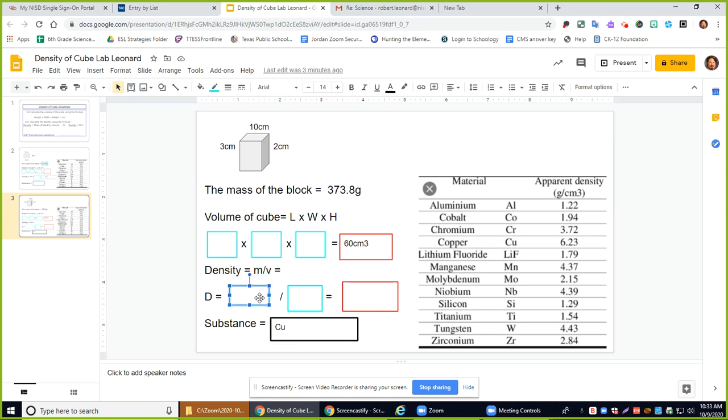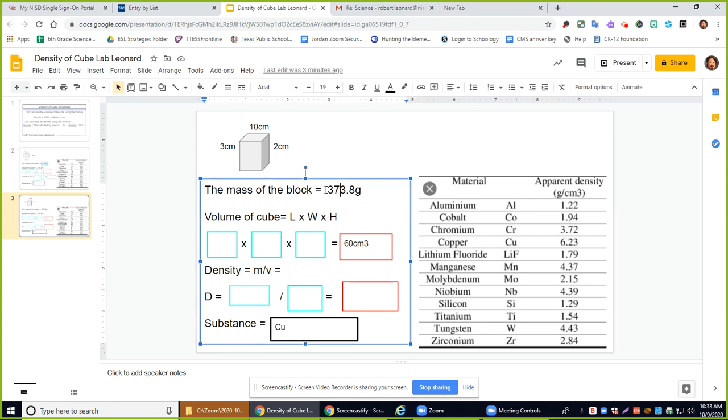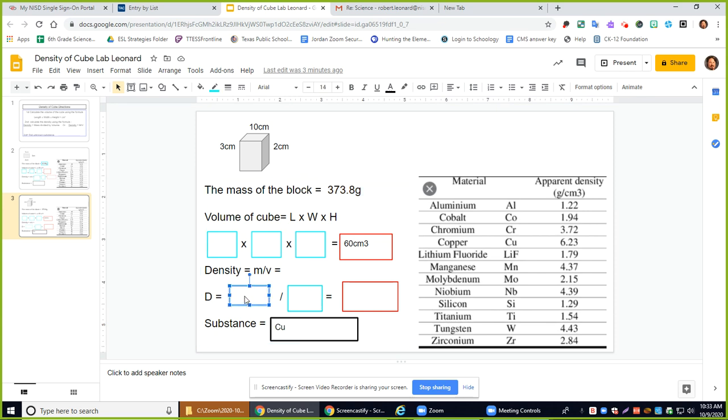Now let's fill that in. Our mass is up here. They gave it to us in the problem, 373.8. Everybody should have a calculator. I would hate to be doing this without a calculator. So 373.8 divided by what? By 60.